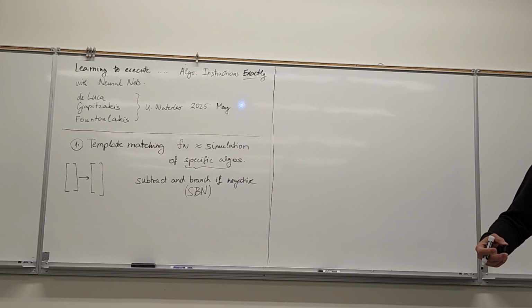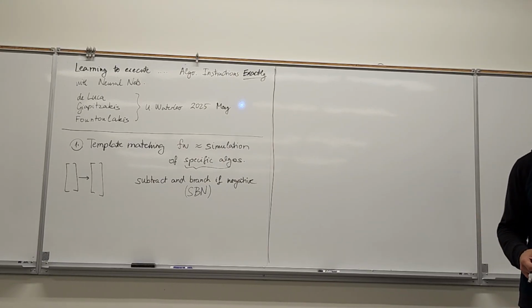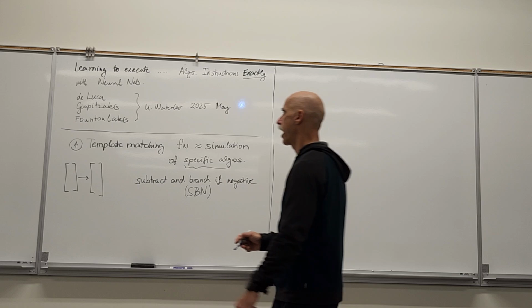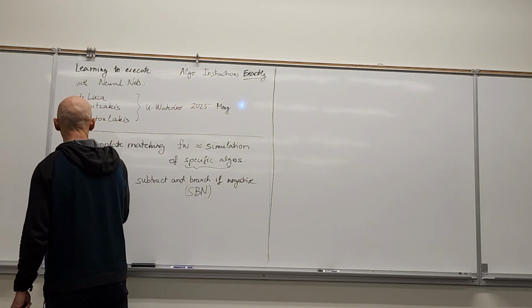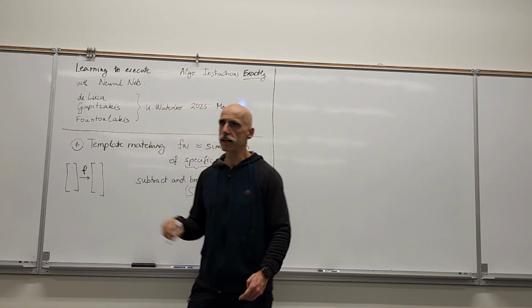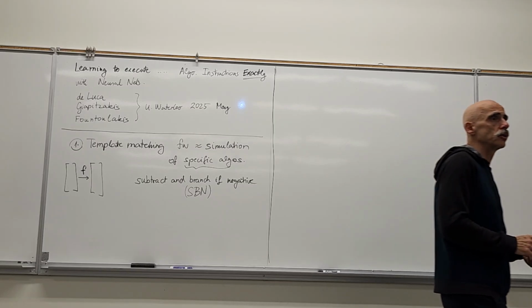Let's say bit 0 equals 1, then you stop, and you have a readout procedure that reads out certain bits. And that's how you represent the computation. So there is this map F, whose iteration is going to define the computation.